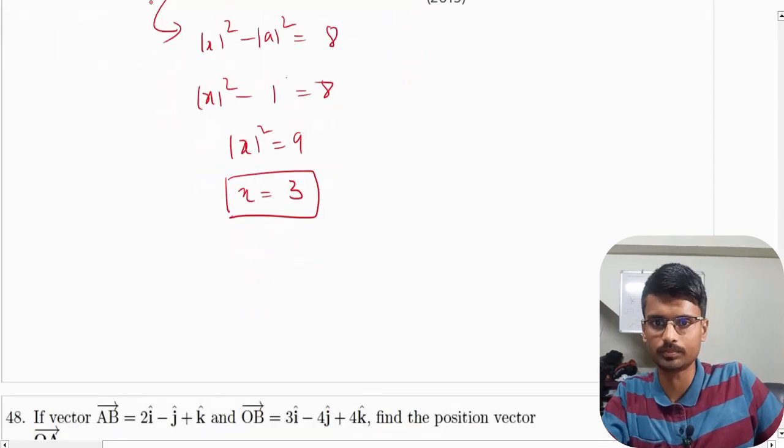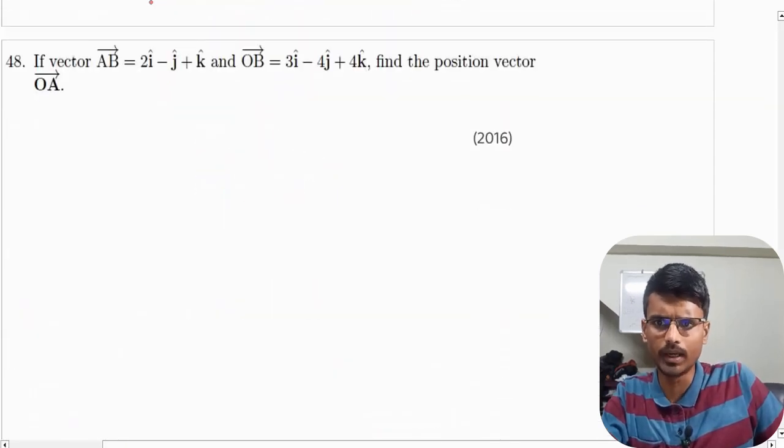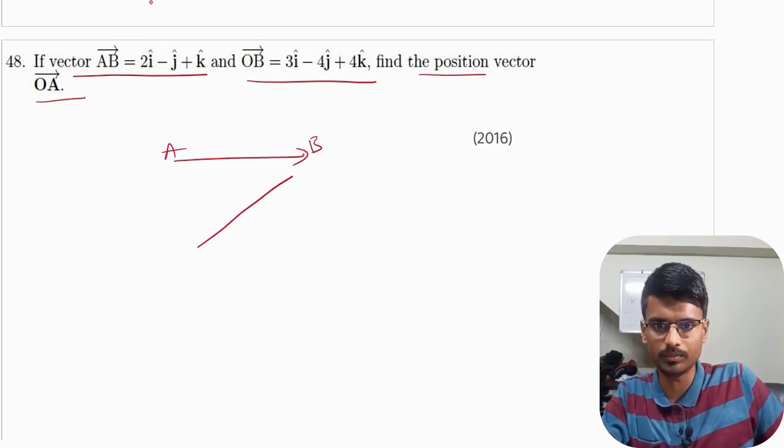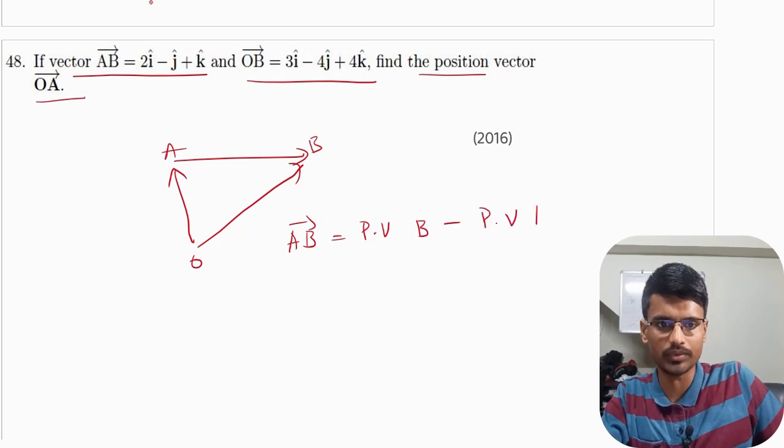Simple question. Moving on. Again, the vector AB is this and OB is this. Find the position vector of OA. Okay. So you have AB, and this is your OB, and they are asking us for OA. Vector AB is nothing but the position vector of B minus the position vector of A: the position vector of the head minus the position vector of the tail.